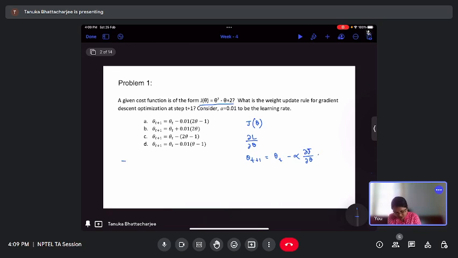So here your j of theta is theta square minus theta plus 2.